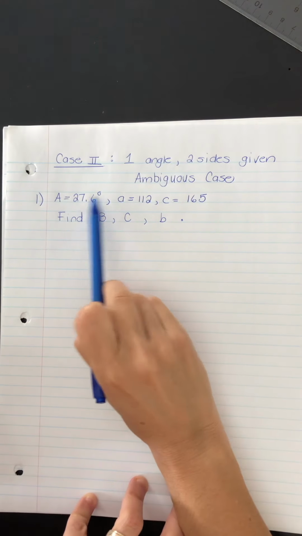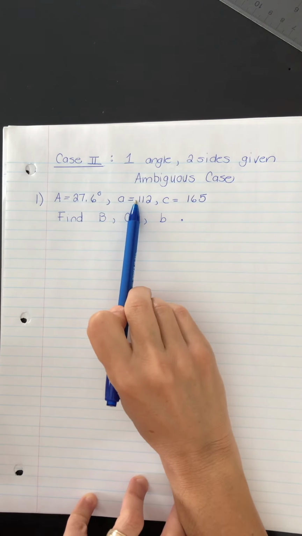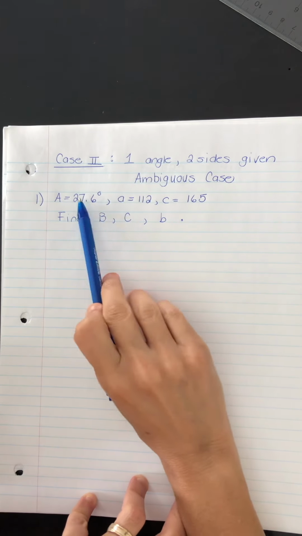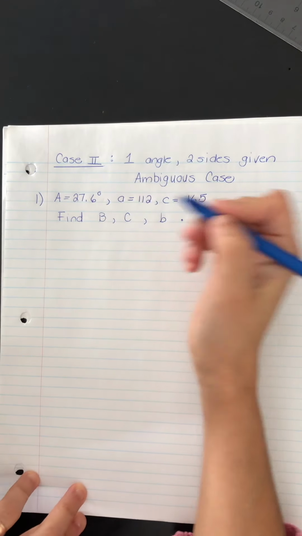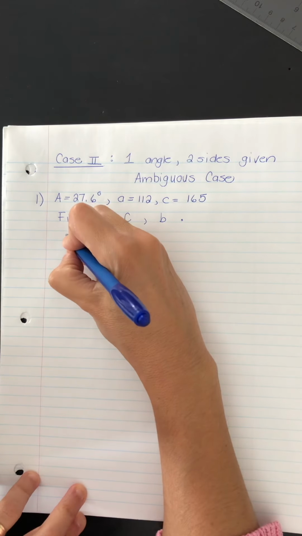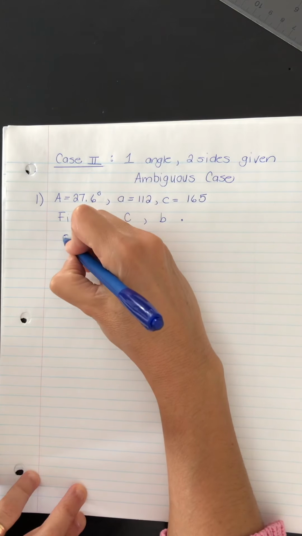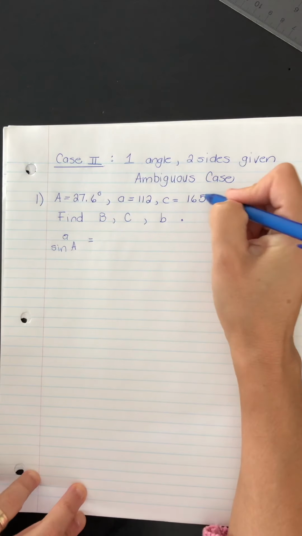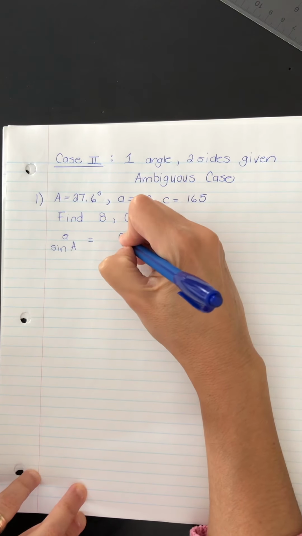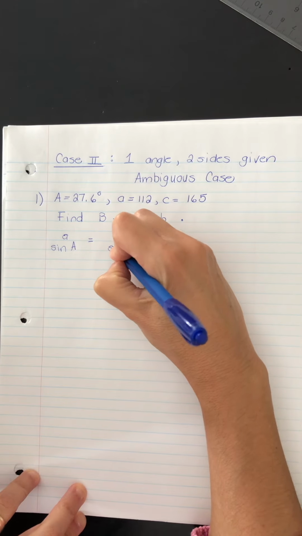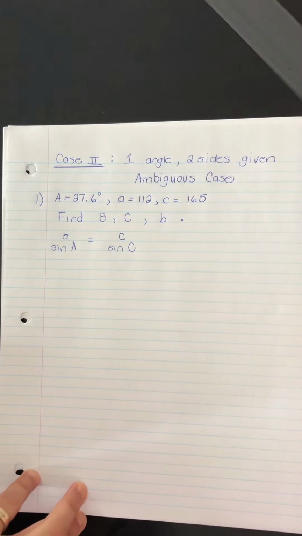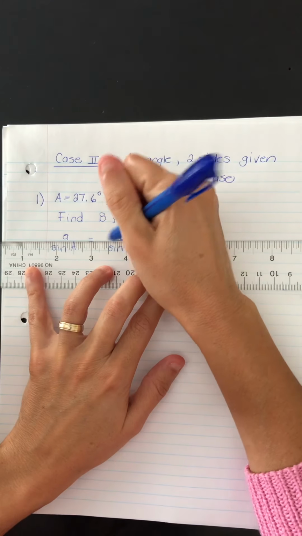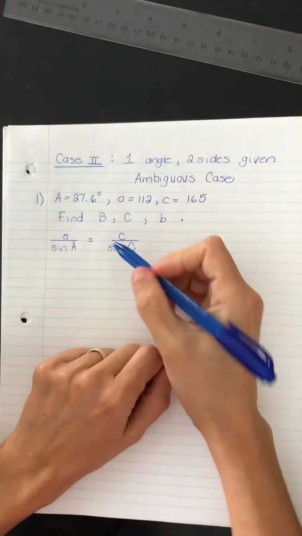Well, we have both side A and angle A, which means we begin with the sine law, and it will be just like this. Side A over the sine of angle A is equal to, now we're given side C, so the first thing we're going to be able to find in question number 1 here from case 2 is angle C.